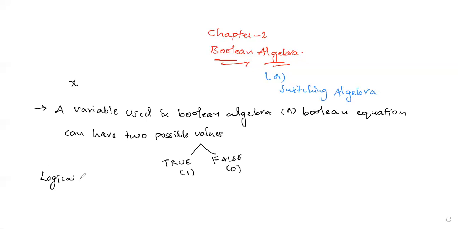What is meant by logical statements or truth functions? We have a statement, and with that statement, we are able to determine whether it is true or false. So that is called a logical statement or truth function.